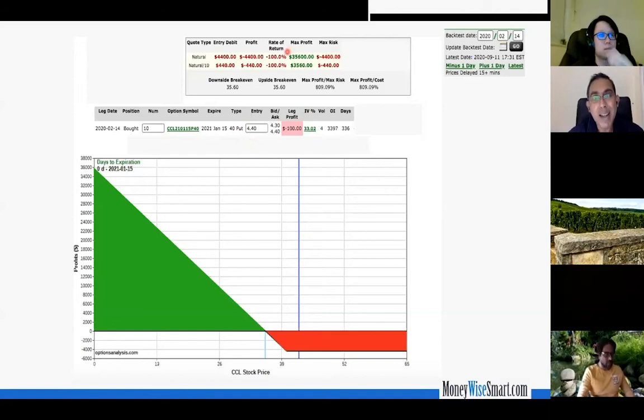So the balance, $35,600, is my profit, just because I had the foresight to own this 40 strike put option. So that is the benefit of owning a put option when we expect the markets to drop. However, there are caveats, and we will look at all those.